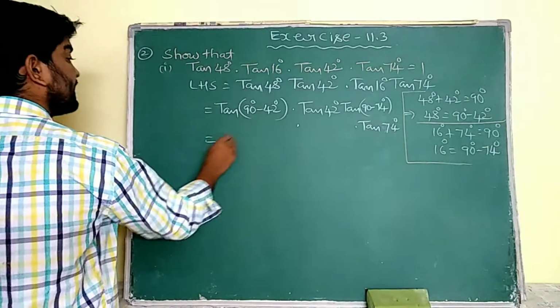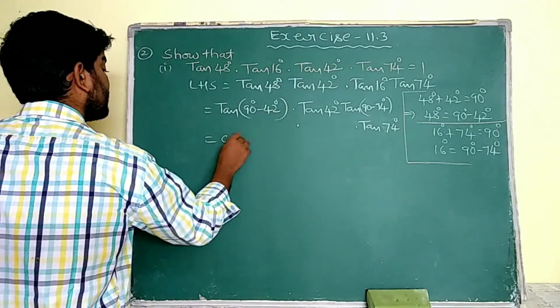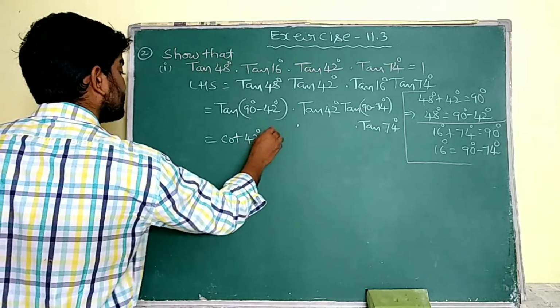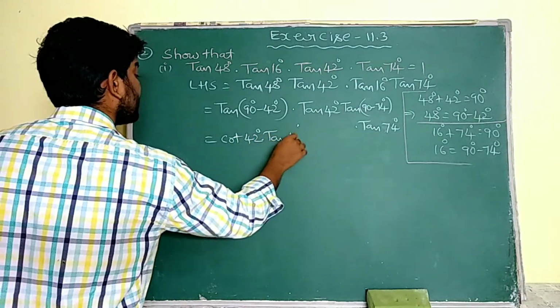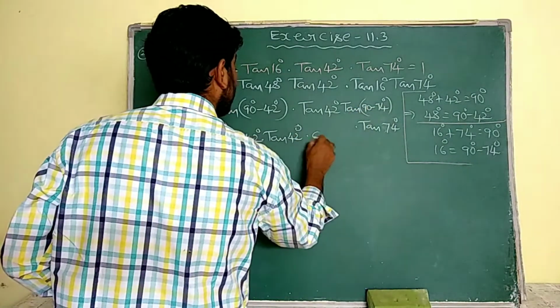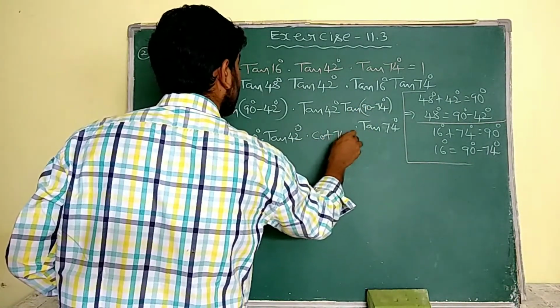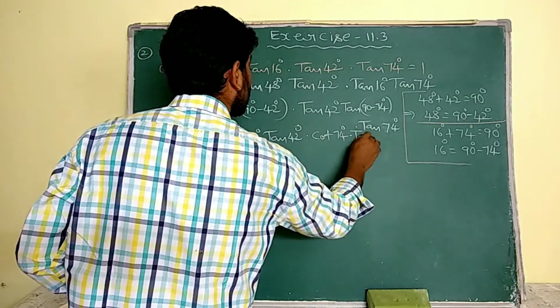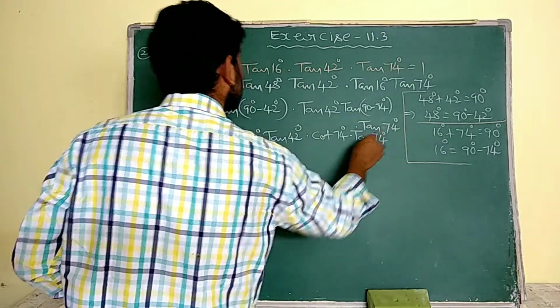So see, tan 90 minus theta, we know that is cot theta, that is cot 42 degrees into tan 42 degrees. Similarly, tan 90 minus 74 means cot 74 degrees into tan 74 degrees.